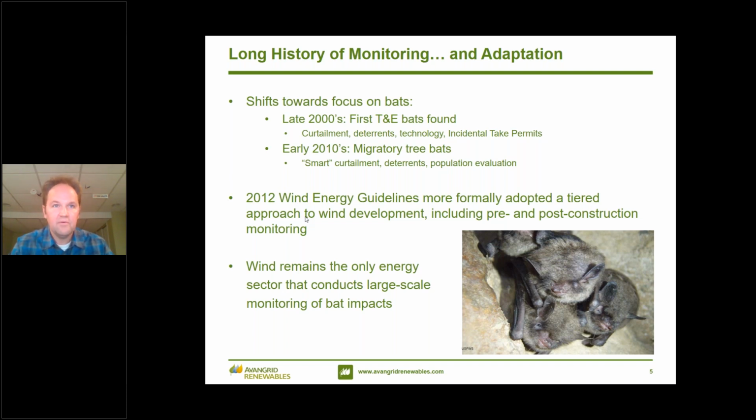The commitment to wildlife study was memorialized in the 2012 Wind Energy Guidelines, which was developed by multiple stakeholders, including government agencies, NGOs, and academia. Many companies like mine, Avangrid, conduct at least a year of intensive post-construction monitoring, regardless of a requirement to do so. But throughout all this, wind energy remains the only energy source that conducts large-scale monitoring of bats.